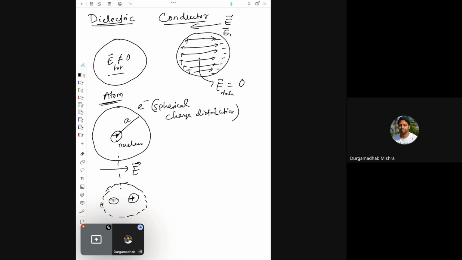So what you have is a separation of a positive charge and a negative charge by a distance d. That creates a dipole with a dipole moment q times d. This is the electric dipole moment due to this electric field. So you have created a dipole in the atom because of this electric field. This is called an induced dipole.